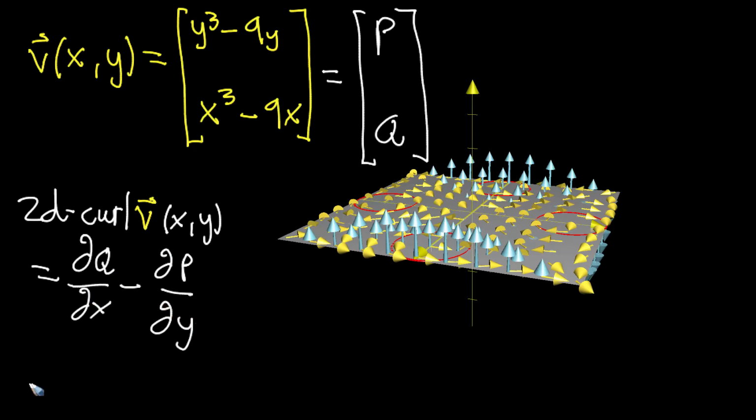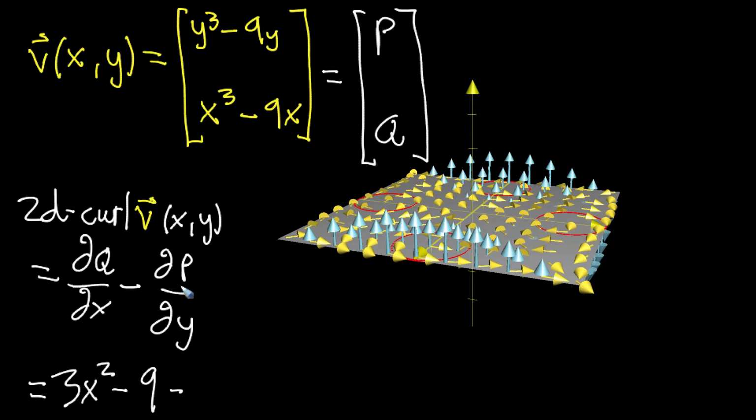And what we get when we do that, the partial of q with respect to x, so we take the partial derivative of this with respect to x, that just looks like a derivative since there's only x's in there, and you get 3x squared minus 9. I actually did this in another video where this is the example that I do.